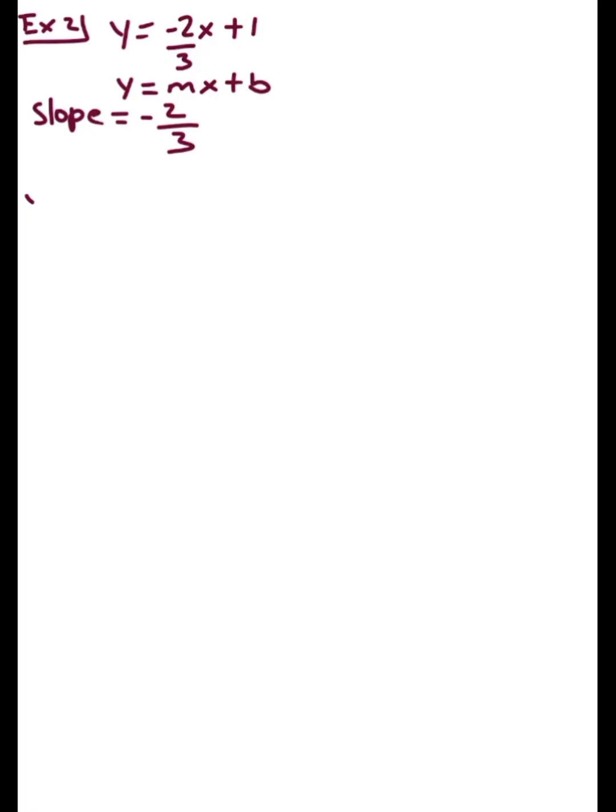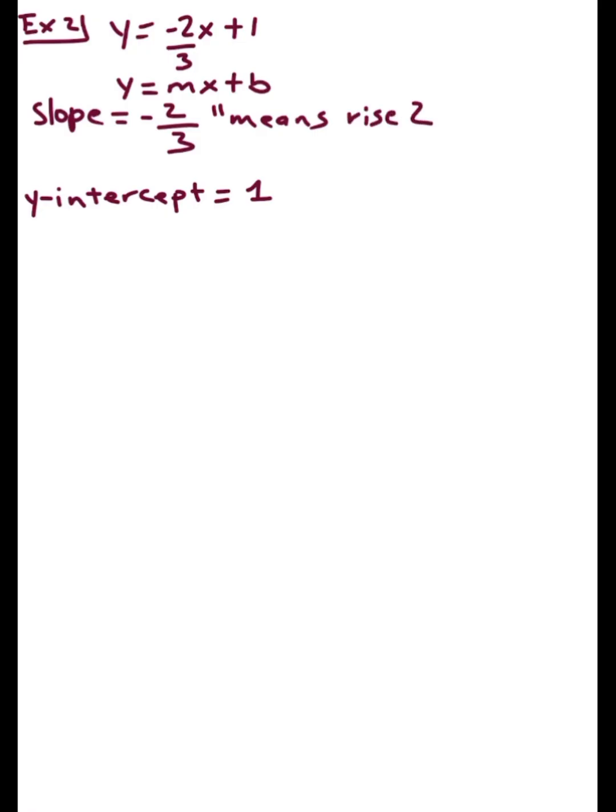Well, we'll see what that means in a little bit. But you also have to find your y-intercept. Our y-intercept is going to be represented by b, which means that for example 2, our y-intercept would be at 1.